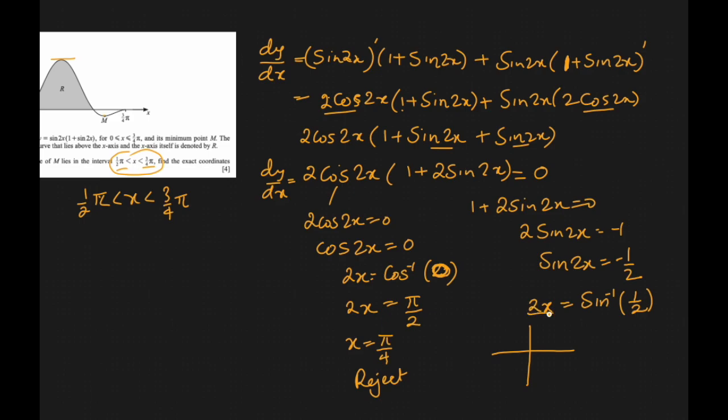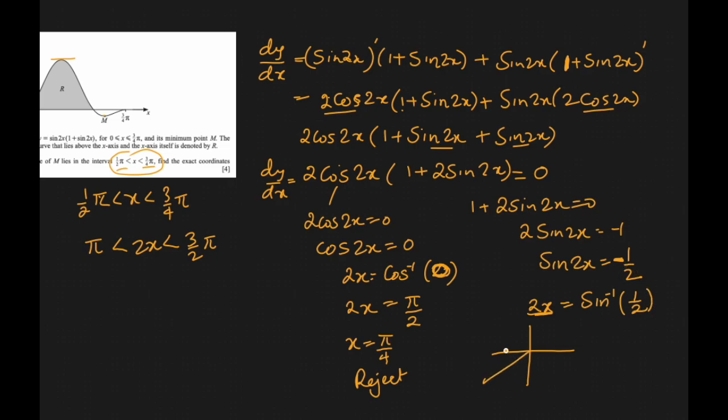If I want 2x, I'll multiply this by 2. So half pi times 2 will be pi, and 3/4 of pi multiplied by 2 will be 3 over 2 pi. So we'll select the answer between pi and 3 over 2 pi, which is the third quadrant. And yes, here sine is negative.